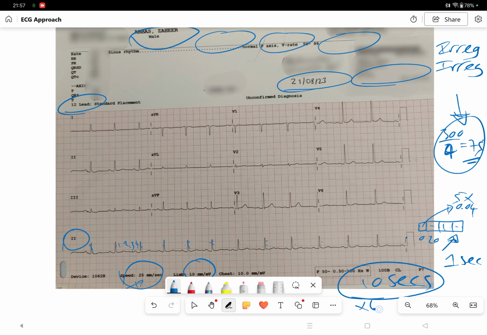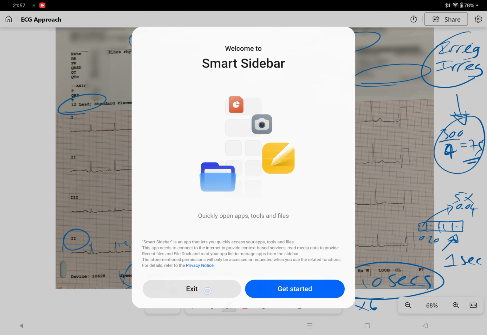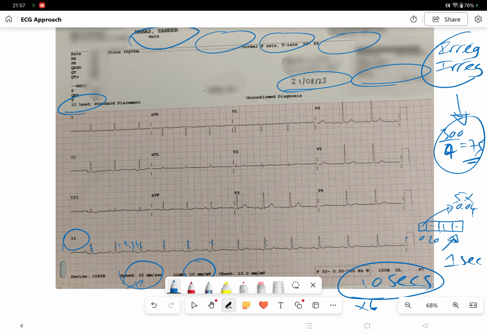So for the number of R waves in an irregular pattern, we use that second method. Okay, so that's that. We use this method to calculate the heart rate. So we've done heart rate.